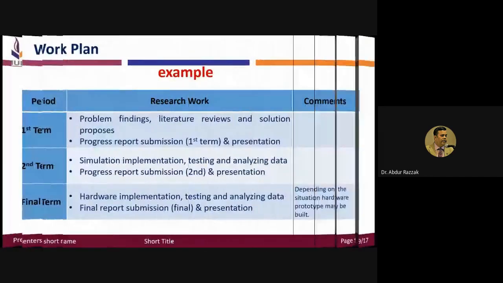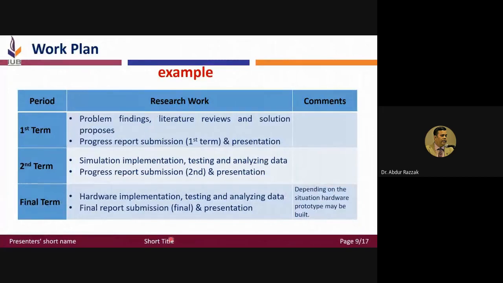This is the work plan, as I mentioned. This is an example, by the way, so you can write it in a different way, no problem. Your supervisor will check it. For example, in the first term: problem findings, literature review, solution proposal, the progress report submission and the presentation.